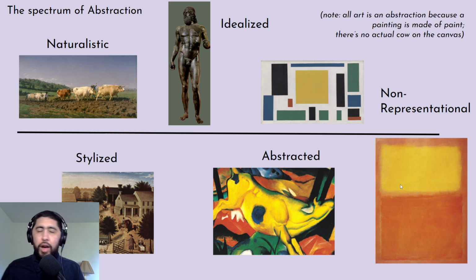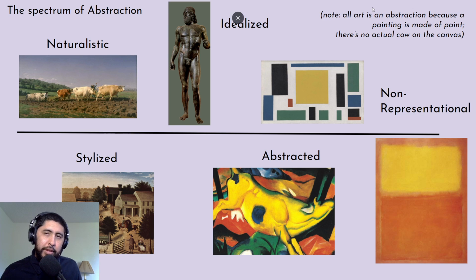There's a lot more that goes on with this movement, but essentially that's the furthest end of abstraction, from naturalistic all the way to non-representational. And then again, these 3.5 steps are in between, where they do try to represent the real world. And non-representational paintings are just paintings about paintings, more or less.